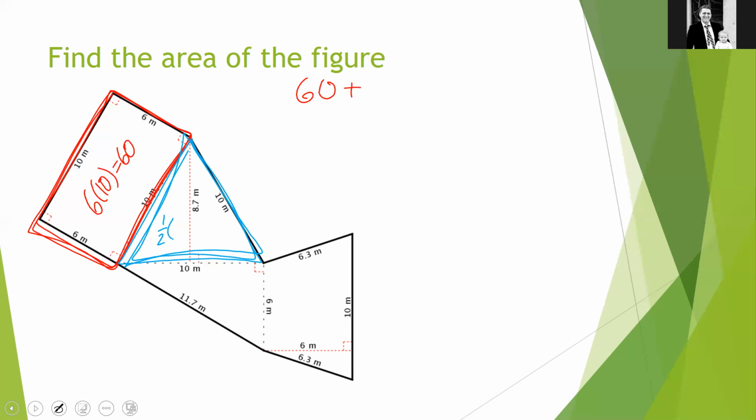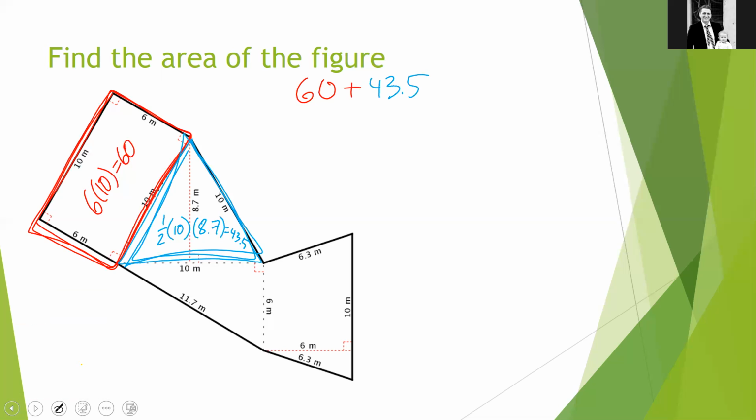In this case, our base is 10, and our height is 8.7. So 1/2 times 10 times 8.7 is 43.5.